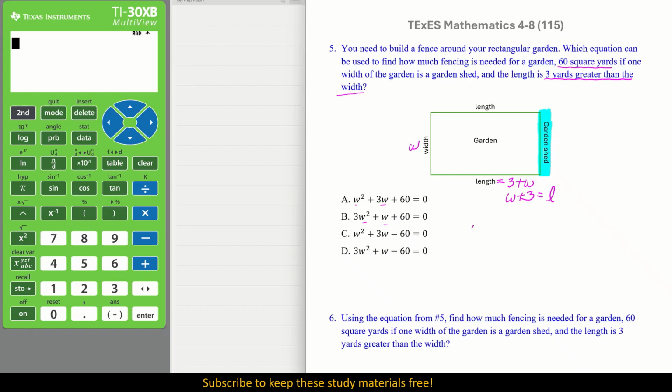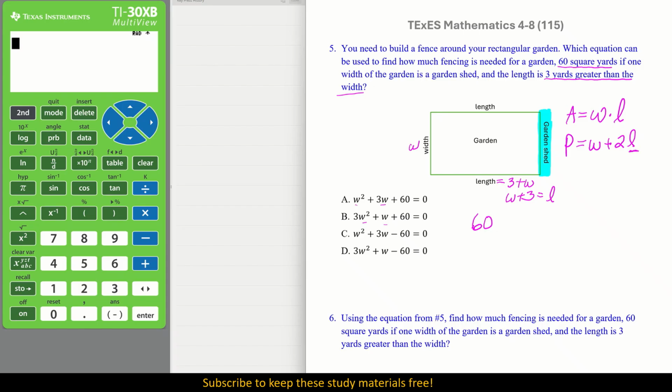So, the area is 60, and we know area equals width times the length, right? Okay, and we also know that the perimeter for our purposes is W plus 2 lengths, 2L.